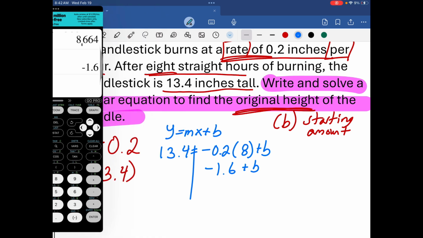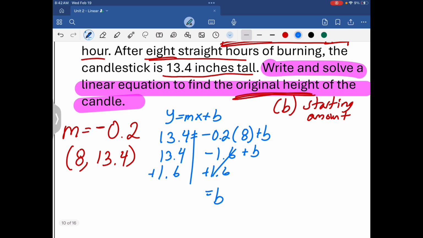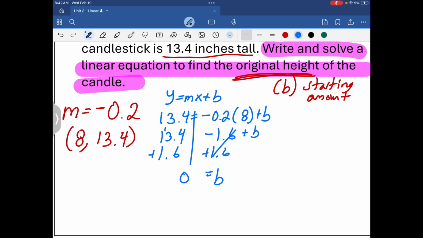Okay, do our split. 13.4, this negative, we'll add it. It'll go away and go over here. So that ends up, if we do 6 plus 4, that's 0. Carry the 1. 3 plus 1 is 4, plus 1 more is 5.